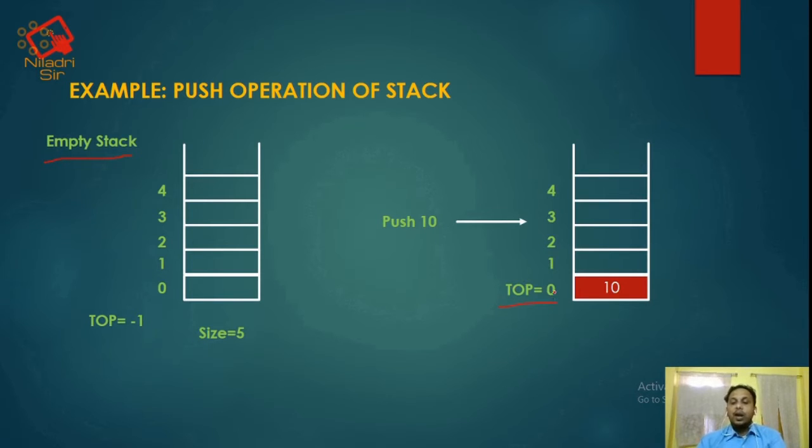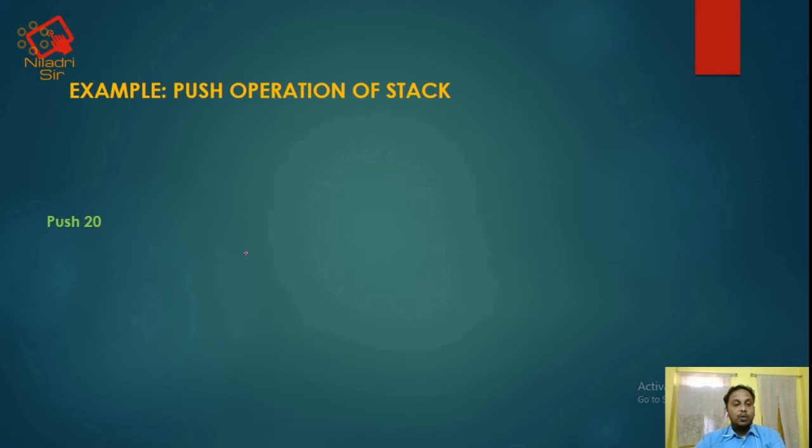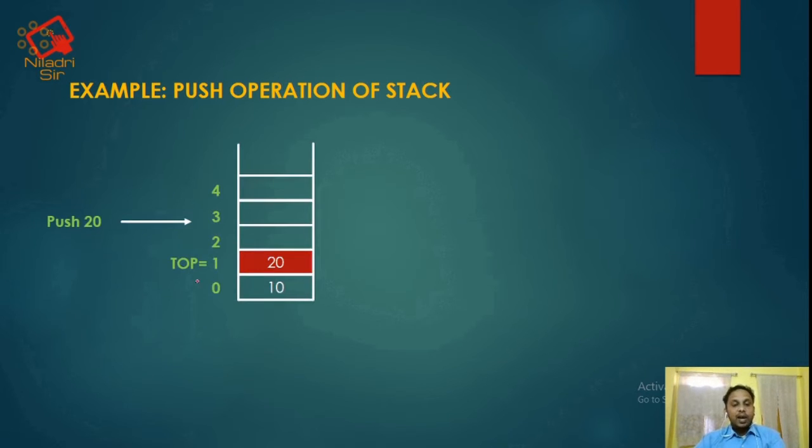If we want to push another element, then we have to increment the value of top again by plus 1. So the value of top will be 1. Suppose we want to insert 20. The value of top will be 1, and after that we insert the element 20 into position 1.